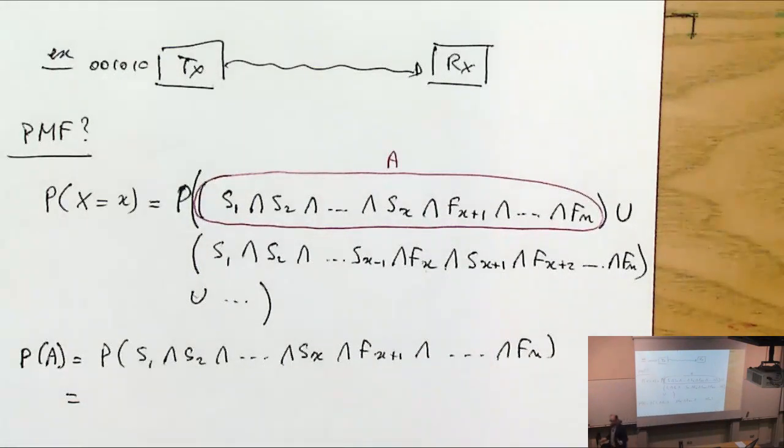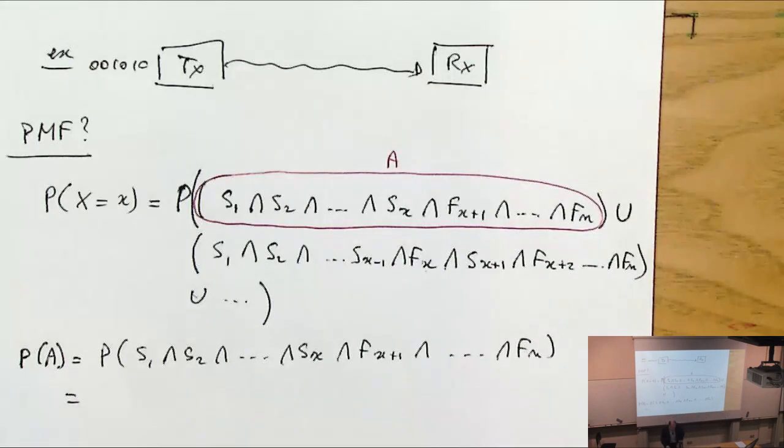We have n trials, they're independent and identical. Since they're independent and identical, it's just the product of the individual probabilities. That's right. They're all independent, so we did this last week. If you have two events and you look at the intersection, this is equal to the product of the probability of each event.